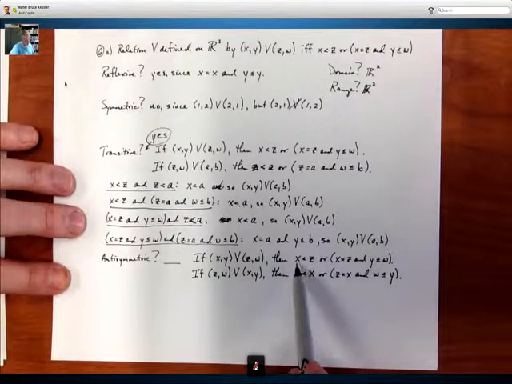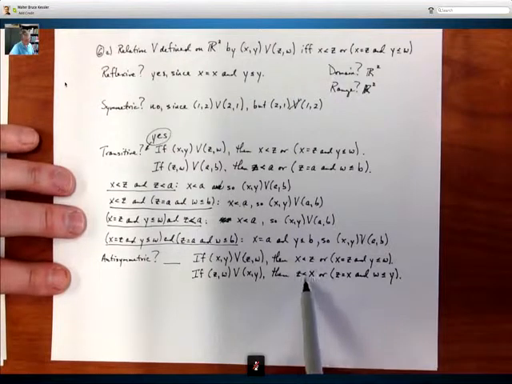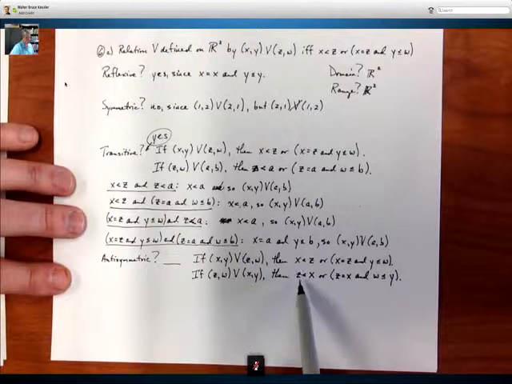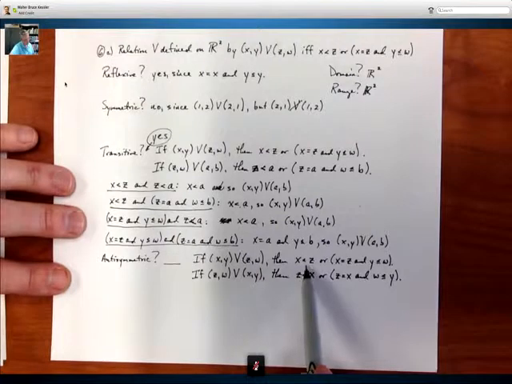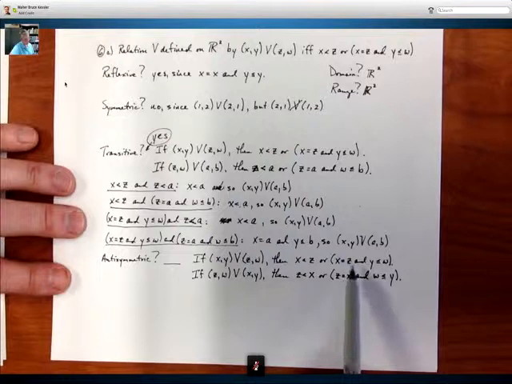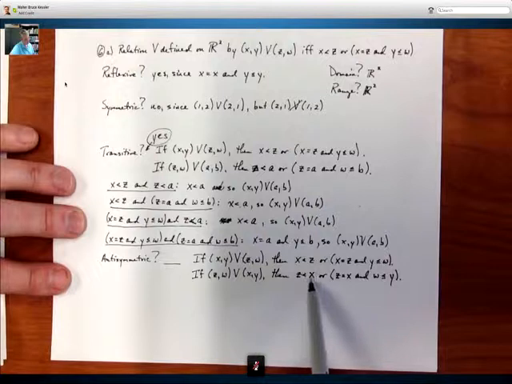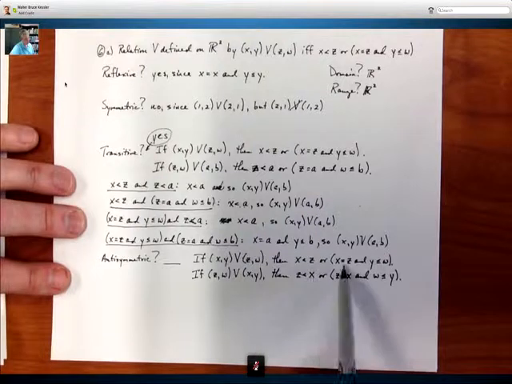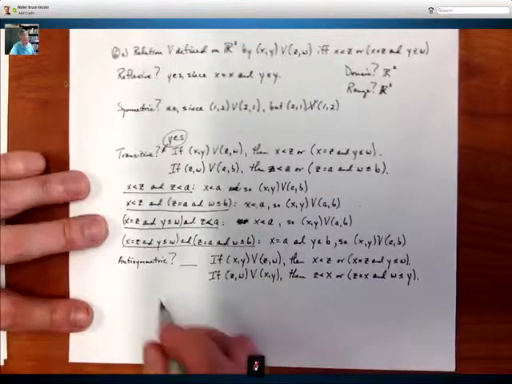Well, some of them are nonsense. X is less than z and z is less than x can't happen, right? X is less than z and z is equal to x. Well, that can't happen either. And same thing here. X is equal to z and z is less than x. That can't happen because they're equal.